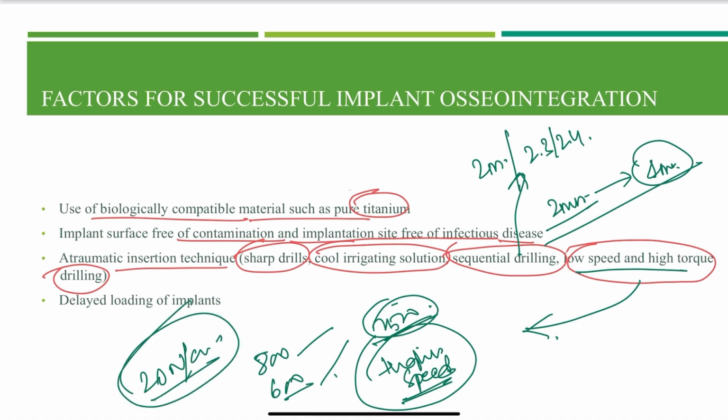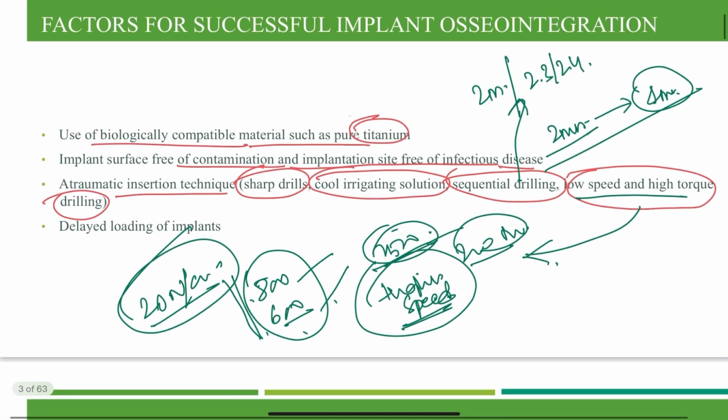So the torque is 20 newton per centimeter. You can consider 800 to 600 as low speed, and 2500 or 2000 rpm can be your high speed. Next one is delayed loading of implants.